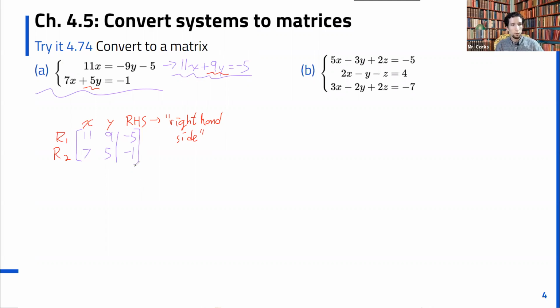It's not necessary, and I am not going to be writing that when I do these examples because it just takes extra time. But if we go back to look at the original system we're working with, then it's pretty easy to see where the equal sign should be going. All right, let's do the next one.